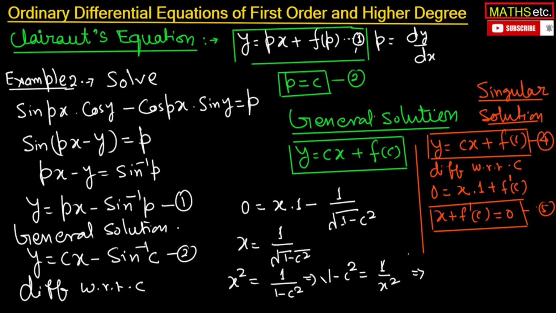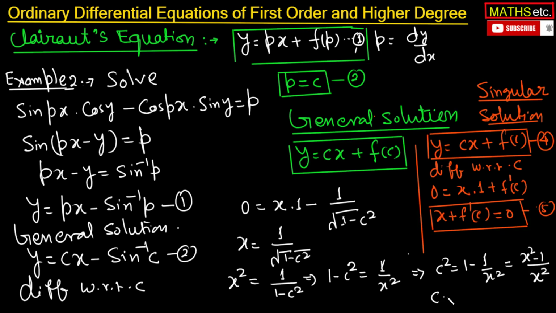Further simplifying it, it will be c square equal to 1 minus 1 over x square, and this one is equals to x square minus 1 over x squared.